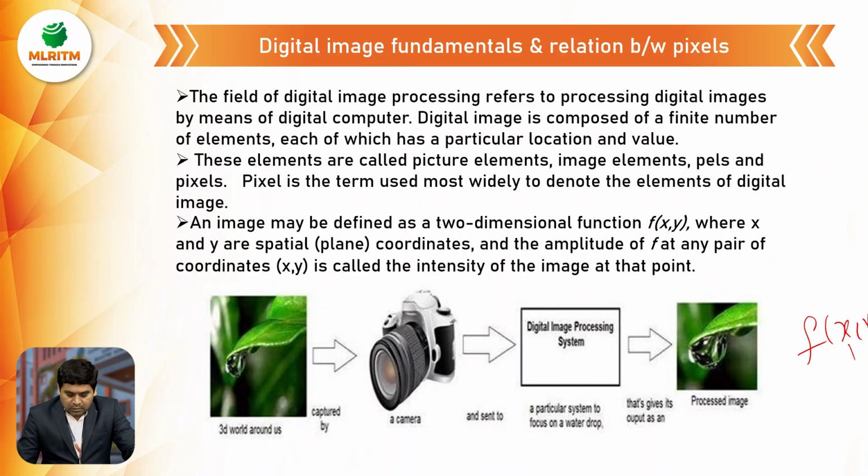In real time we see an analog image in 3D, which is sensed and captured by a camera. After the camera we get the image. In getting the image, there is a process of sampling and quantization.